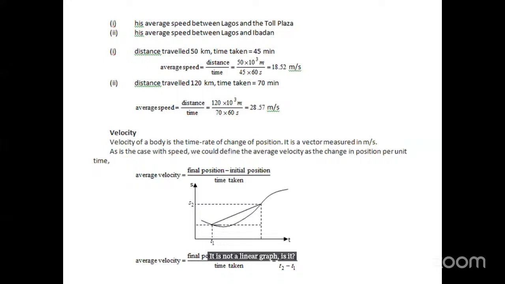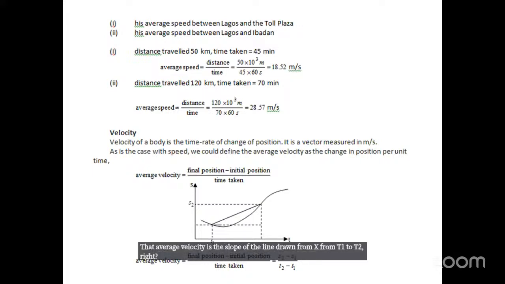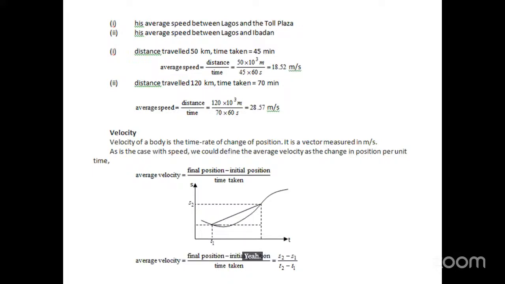We have a curve. Average velocity is the slope of the straight line drawn from T1 to T2, right? You can see that line is just an approximation to the graph. So that's why we are talking about average velocity.